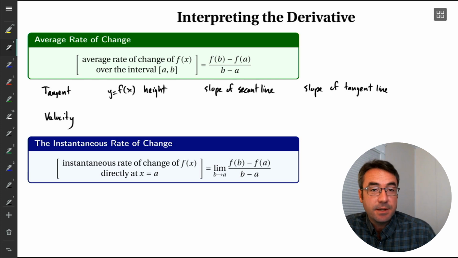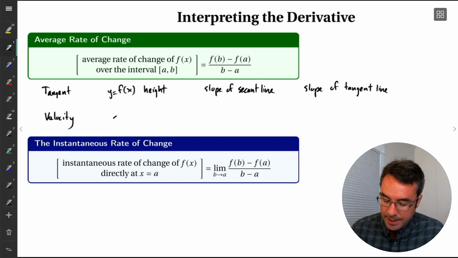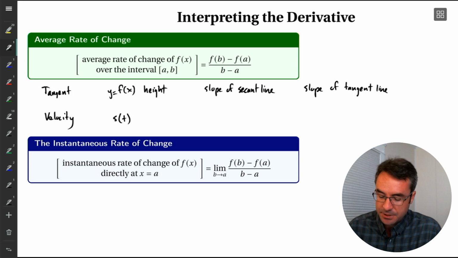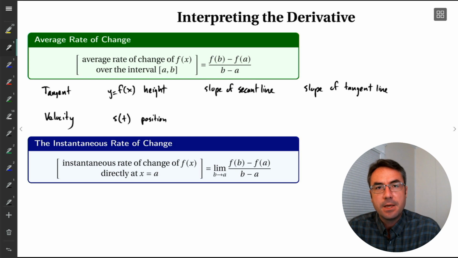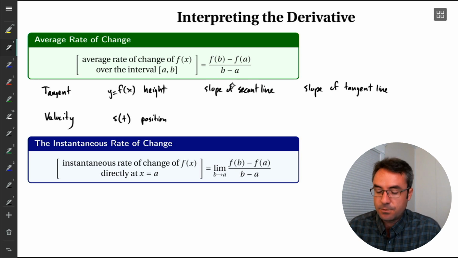All right, for the velocity problem, what were we working with? Here we had a position function, which we normally call s of t. So this describes the position of our object moving at time t. And what did the difference quotient represent in that case? Well, similar language.